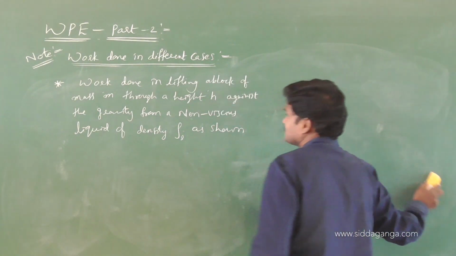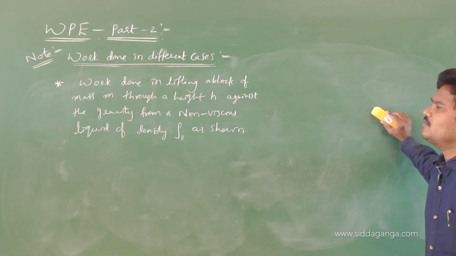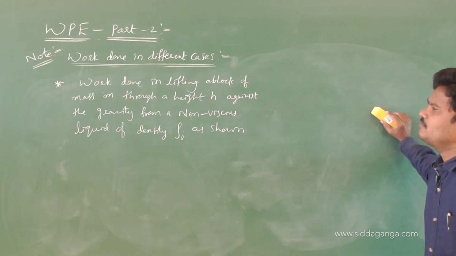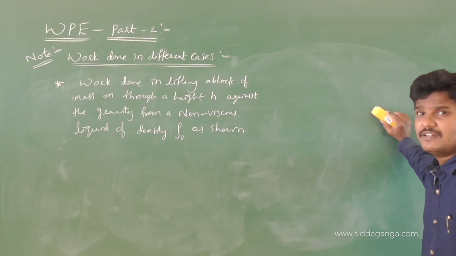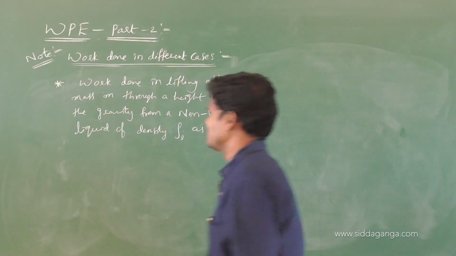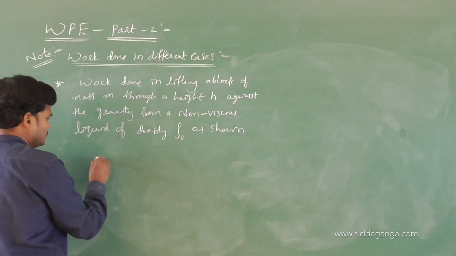See the concept. I want to find out the work done in lifting a block of mass m through a height h against the gravity from a non-viscous liquid of density rho L, as shown in the figure. See, they gave this diagram. Simple concept.